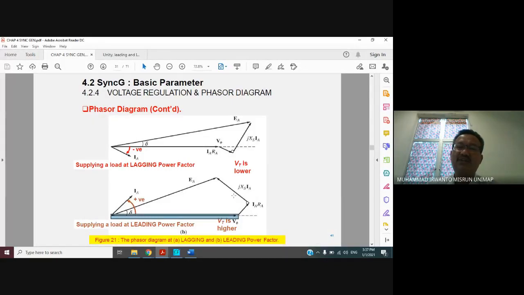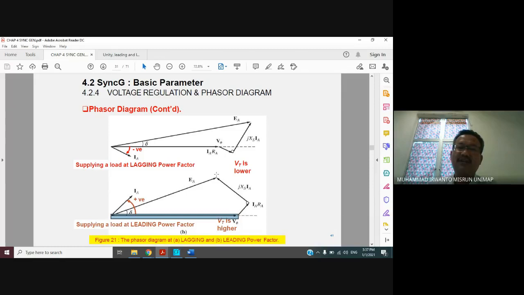After that, you draw IA RA, which is parallel. Then you draw jXs IA, which is always perpendicular, 90 degrees. After that, you draw the vector of EA from the initial point to the end of the vector jXs IA.